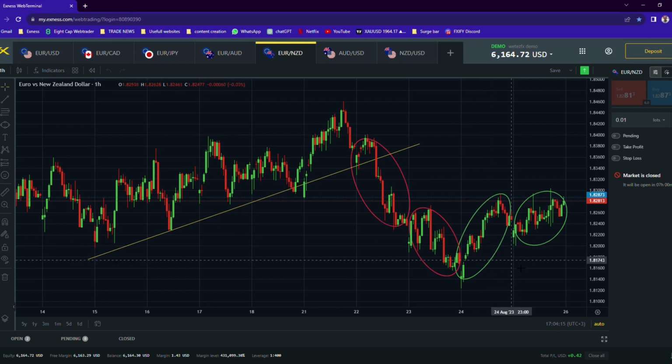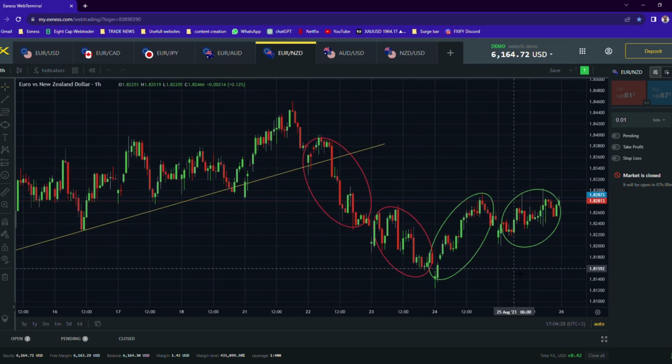But first of all, you always have to remember, correlation doesn't mean that you have some automatic entries. It means you have to analyze each pair, and whoever has a good confirmation on that day or in that session or the time you're trying to open a position, whoever has a good confirmation is the currency you go with.